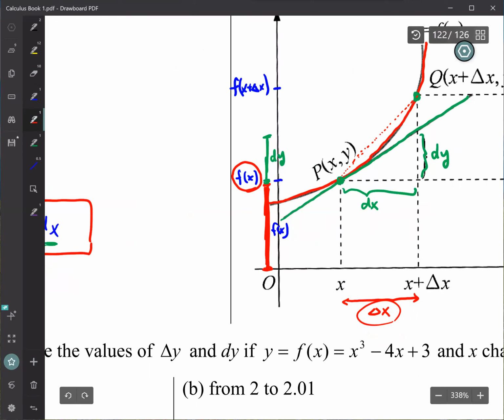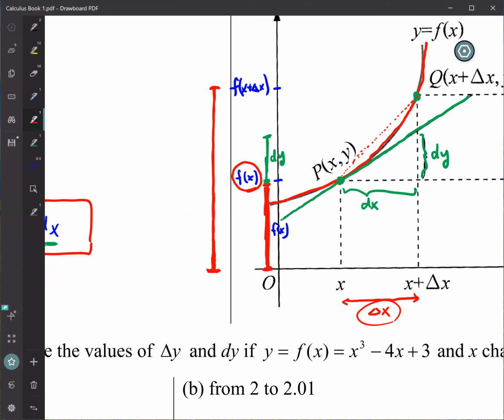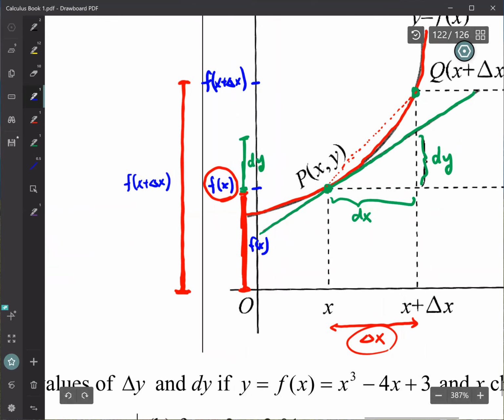I'm going to draw on the left side. So this part is the f of x plus delta x. Right now it looks like a big gap in between, but that's only because we zoom in. If we zoom out, then those two lines are almost the same.